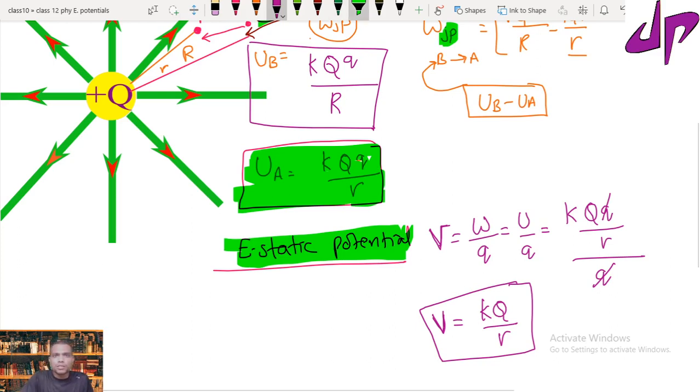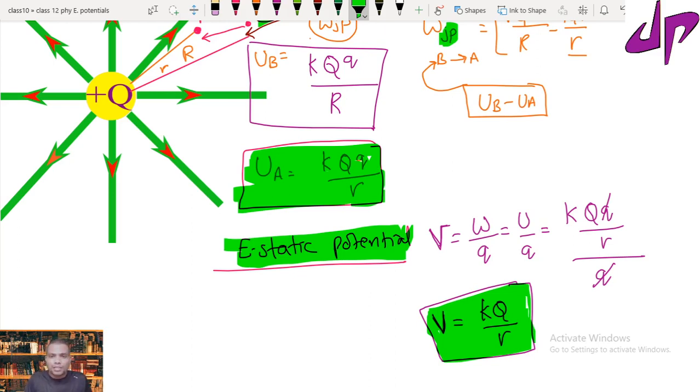If you notice this expression, it does not contain the test charge. This expression tells about the electric field itself, because it only has the source charge, Coulomb's constant and the location.